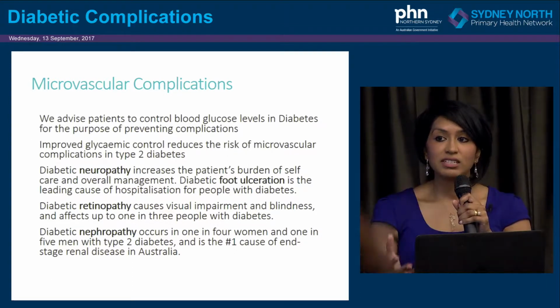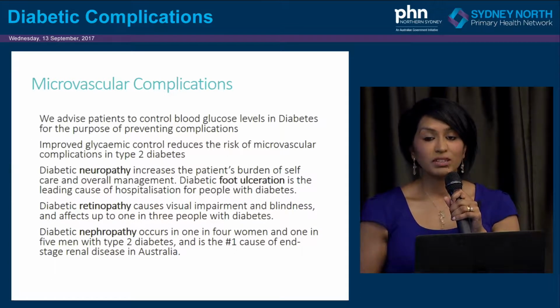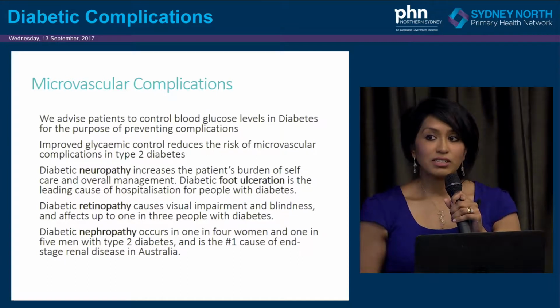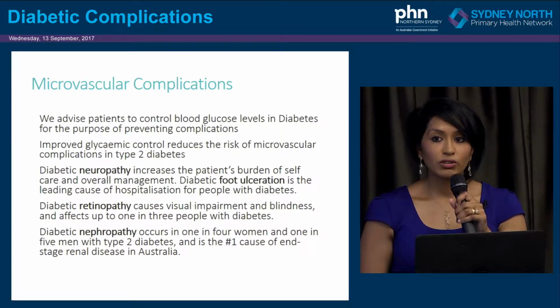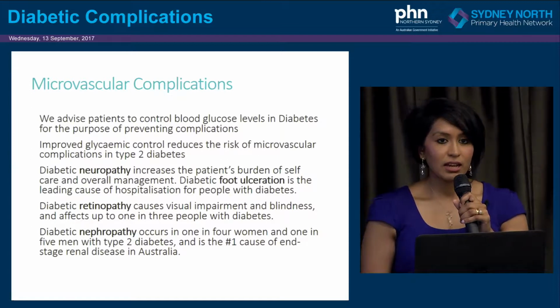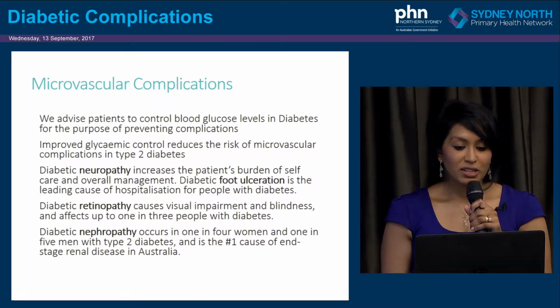Once those things are stabilised, patients should thereafter be managed in general practice. I think it's fantastic that some practices have practice nurses, where a lot of diabetes work can be taken on, and you should make sure you're utilising your practice nurses in that way.